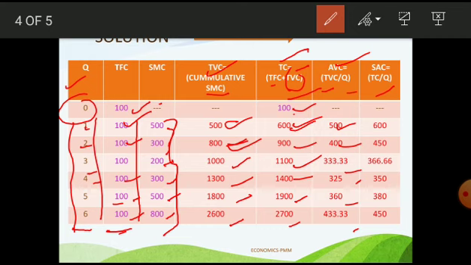Now 600 divided by 1 is 600. 900 divided by 2 is 450. 1100 divided by 3 is 366.66. Now 1400 divided by 4 is 350. 1900 divided by 5 is 380. And lastly, 2700 divided by 6 is 450.